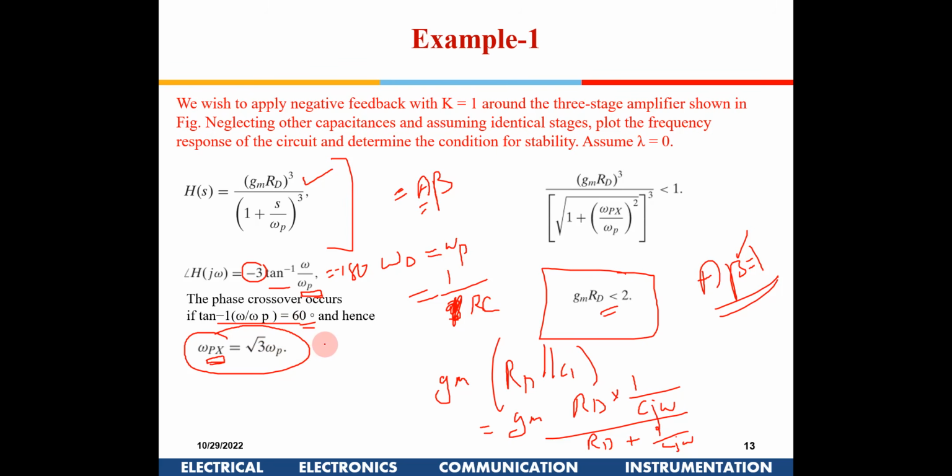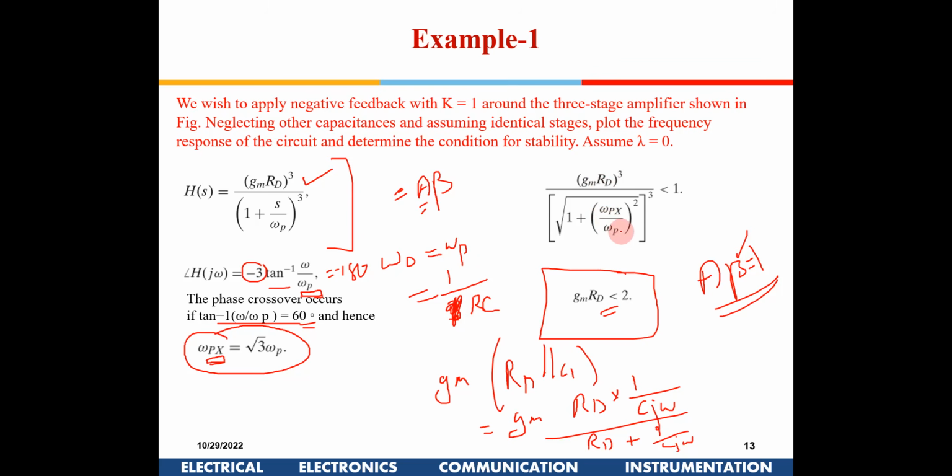Here, again, from that value, we are putting it here. So this will become 3 plus 1, 4. Square root will become, so that we are taking it here. So GMRD, is it okay from here to here?